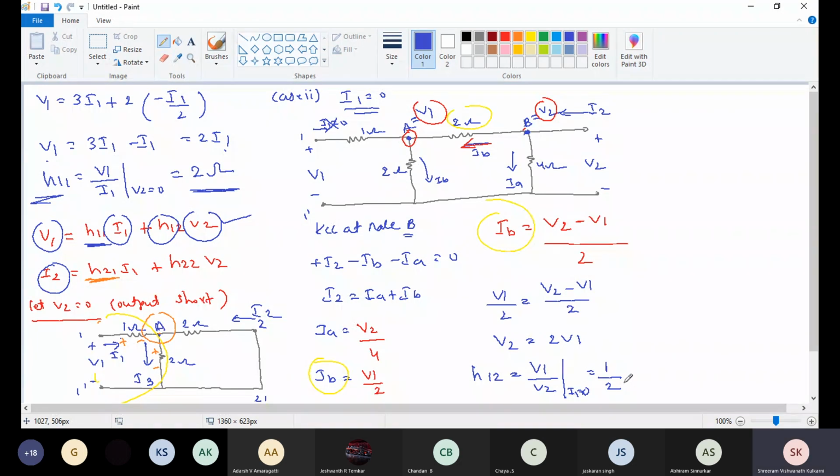Now putting the value of IA and IB in terms of voltages, where I have written that one here. I2 equals IA plus IB, where IA is V2 by 4 and IB is V1 by 2.